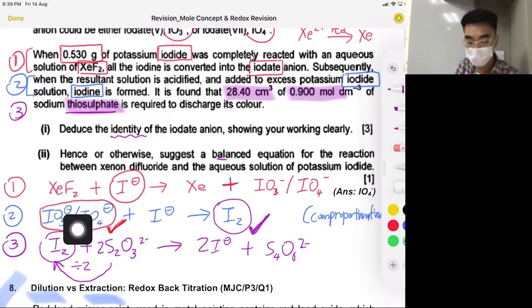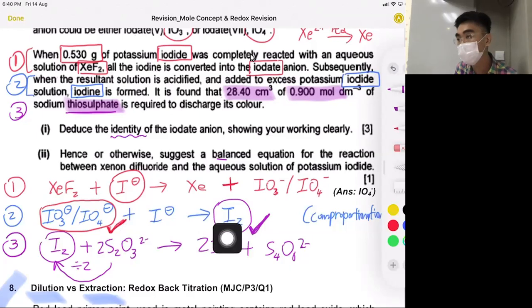Why? Because you already know the mole ratio between these two. This is just 2 steps only. After that, you solve for the half equation. After you combine, you can check whether they fulfill this particular mole ratio that we have just found out.